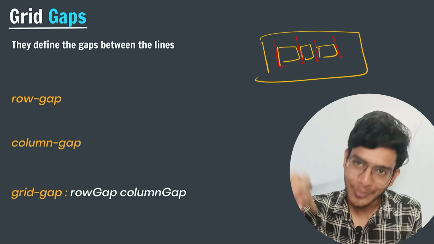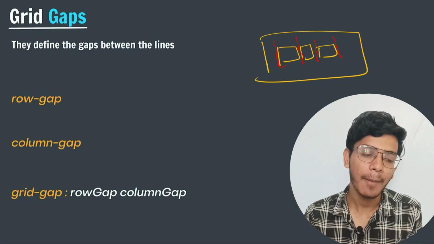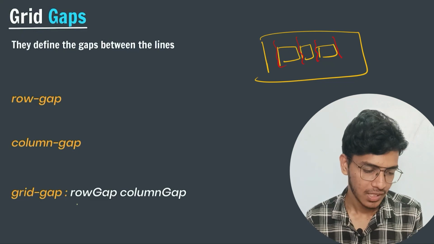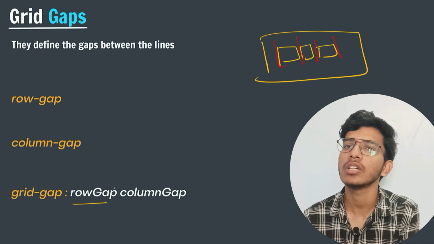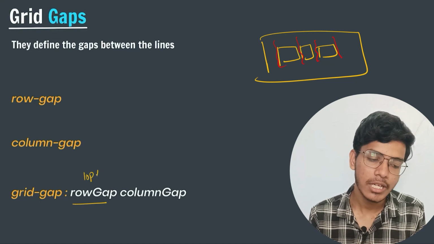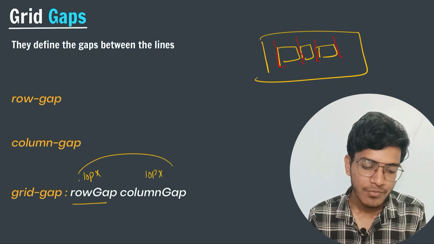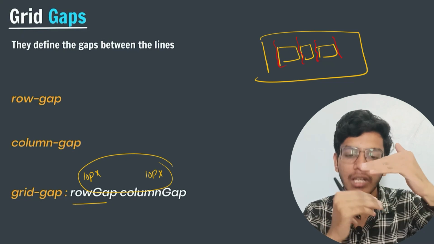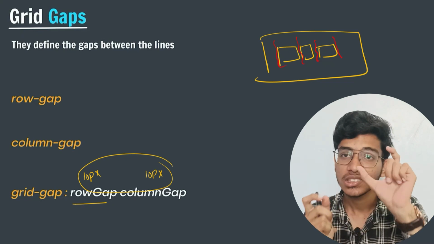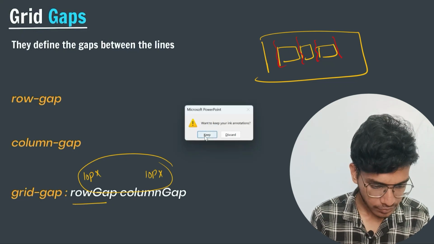If I want to give both row and column gap, then I will use grid gap. First I give how much spacing I want. Let's say I want 10 pixel row gap and 10 pixel column gap, then it will automatically create a 10 pixel gap between each and every grid cell. Let us see how this will work.